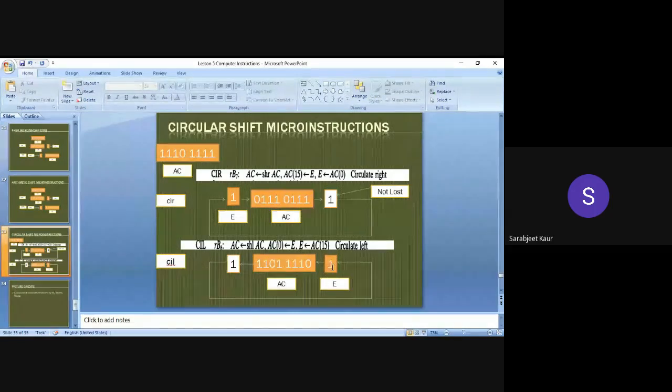Then this bit which was falling off from here is put inside the extended bit flip-flop E. Is this clear?